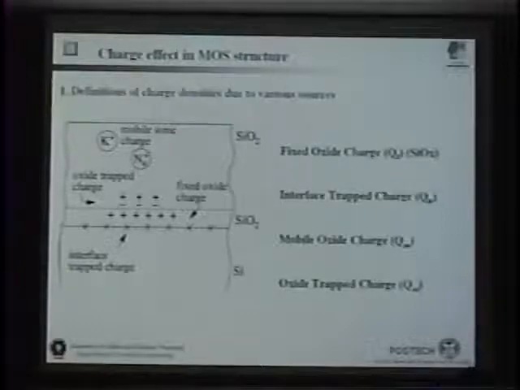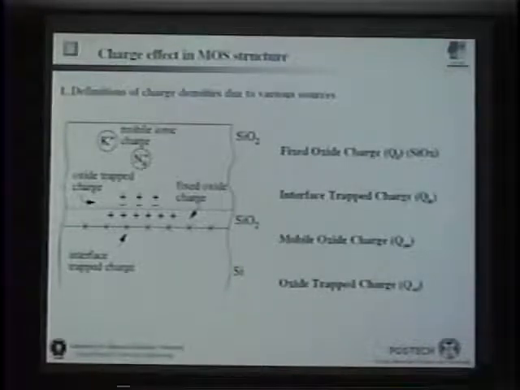So we already know that there are different kinds of traps or charges. One is fixed oxide charge, which is located near the interface. In this region, there is a transition from silicon to silicon dioxide. So this region is basically silicon suboxides, SiOx, in this case x is less than 2. And there is some fixed charge around this area.